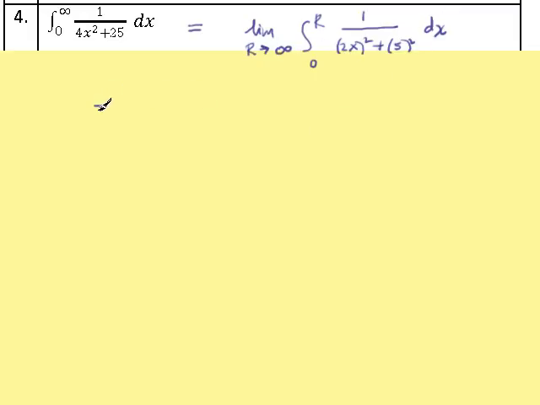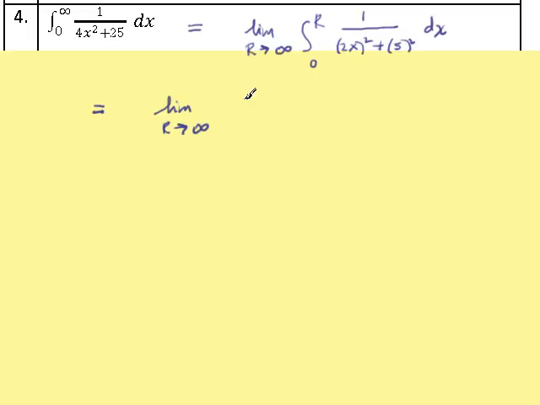So we'll integrate this. If we did a u substitution, we'd put u equal to 2x, and du is 2dx, so dx is 1/2 du, so 1/2 comes out in front. So rather than doing the u substitution, I'm just going to bring that 1/2 out in front.